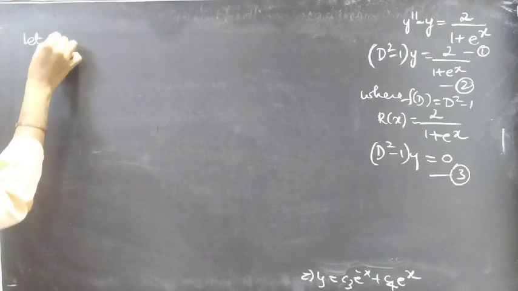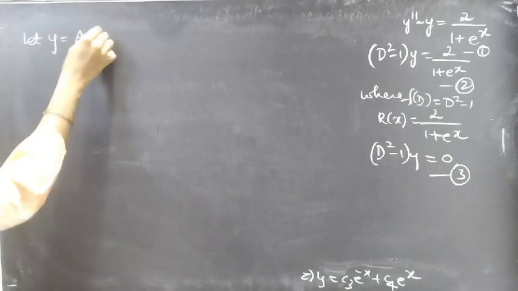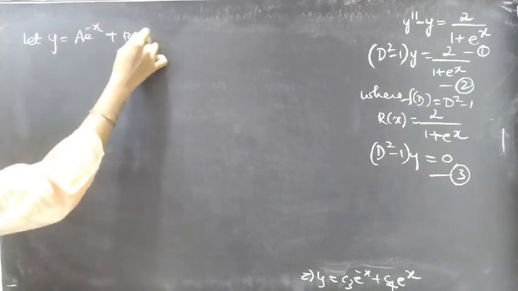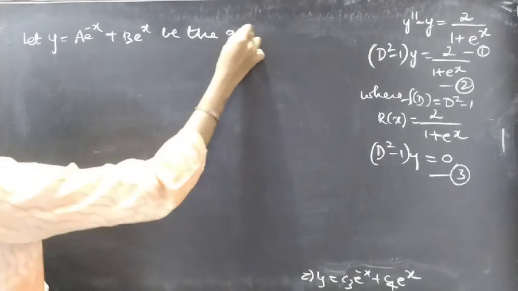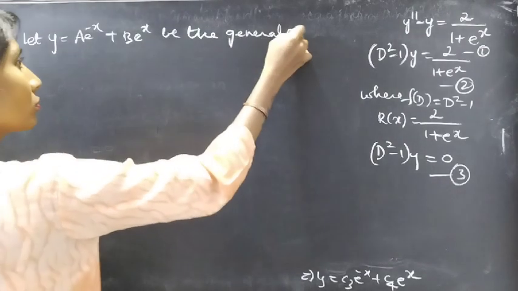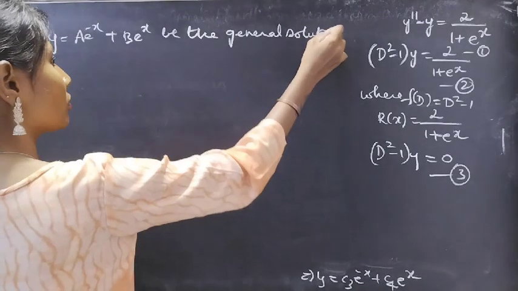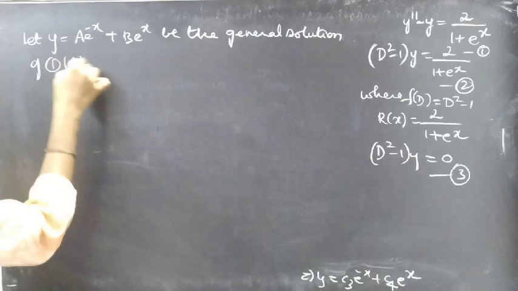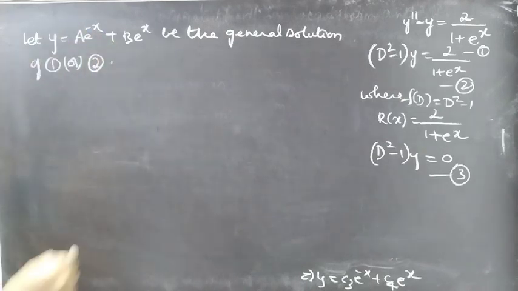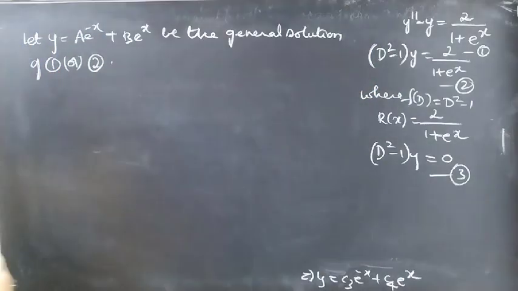Let y equal to a e power minus x plus b e power x be the general solution of 1 or 2. Okay, both are same, right? Both the equations are same.